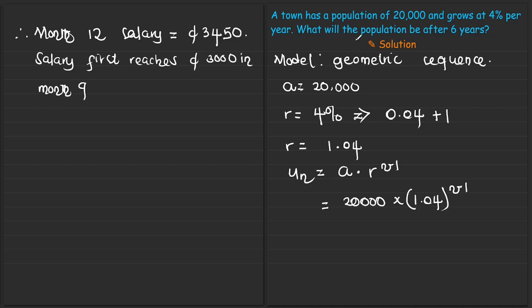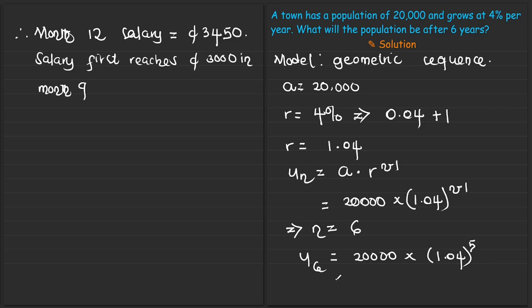But it says what would be the population after 6 years? We want the population after 6 years. So for 6 years, it simply means that our n is what? 6. So with n being 6, u6, that is the sixth term, will be 20,000 times 1.04 raised to the power 6 minus 1, which is 5.